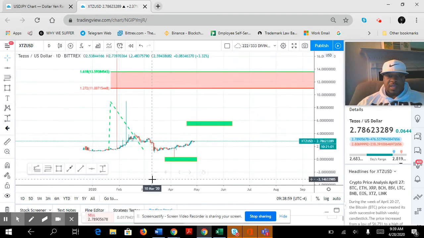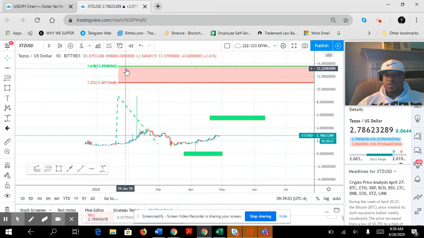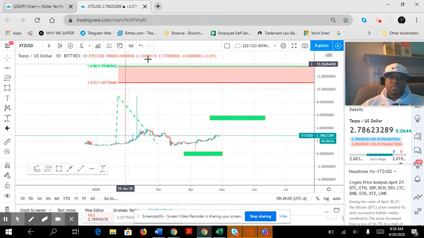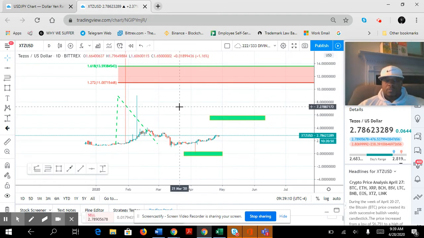This is also an indication that someone is prepping Tezos to be over $14 a coin. Also over $100 a coin.